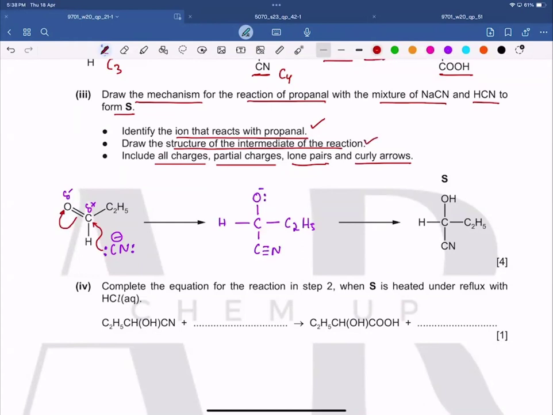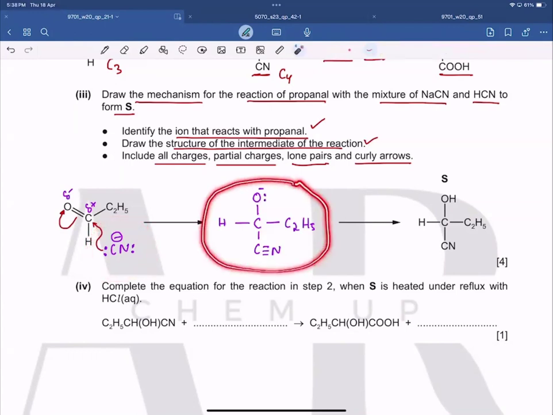Yeah, that is the whole complete mechanism, but they didn't ask you about that. They just asked you to identify the intermediate. They didn't ask by which thing the intermediate is going to react further. Is that wrong?